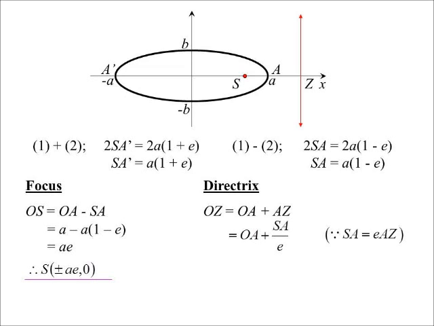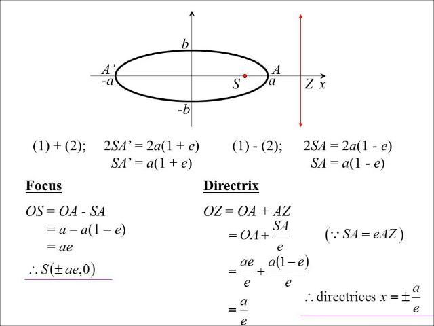Subbing into that one, I get another very simple equation, a over e. So the focus is a times the eccentricity. The directrix is a divided by the eccentricity. And there are also two directrices. Each focus has a corresponding directrix. So you'd pair up. So the other one would be minus a divided by e.